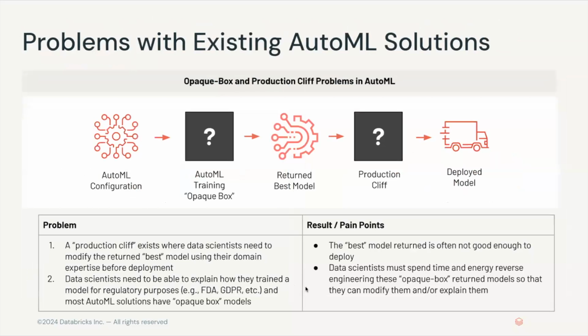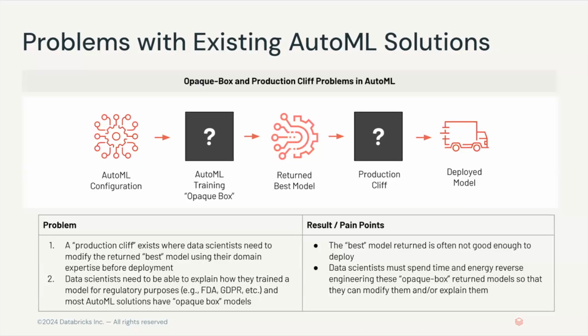And the problem that exists with the current AutoML solutions, and where we are trying to help, is that the production cliff exists where data scientists need to modify the returned best model using their domain expertise just before the deployment, right? And data scientists need to be able to explain how they trained a model for further auditing or regulatory purposes, etc. And most of the existing AutoML solutions turn out to be opaque boxes.